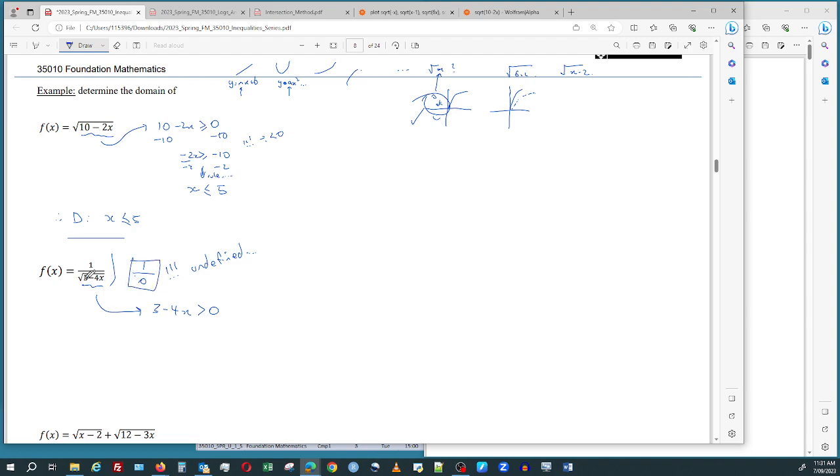So even though the square root will kick a 0 up without any problem, we don't want it to be 0 because we want it to be positive, because we can't have a quotient. So all we're doing now is just working on this. So we can subtract 3, minus 4x is greater than minus 3. Divide through by minus 4. Be careful now. That's the rule. Minus and a minus is a plus, so it's 3/4. But what have we got to do?